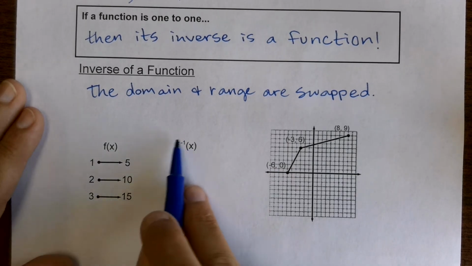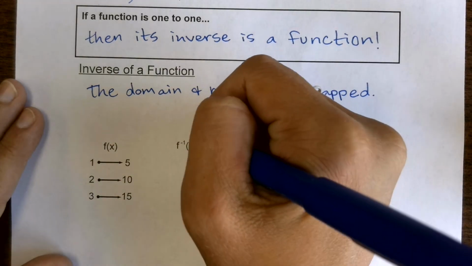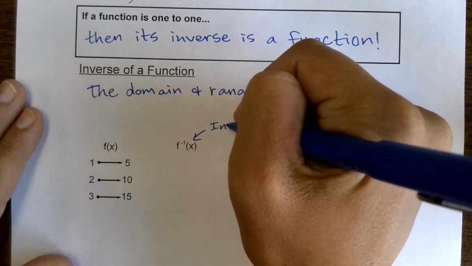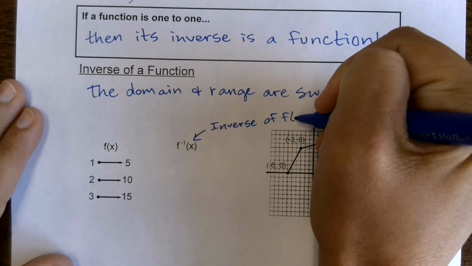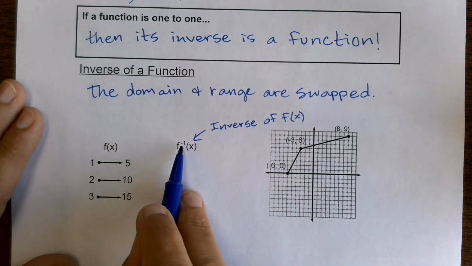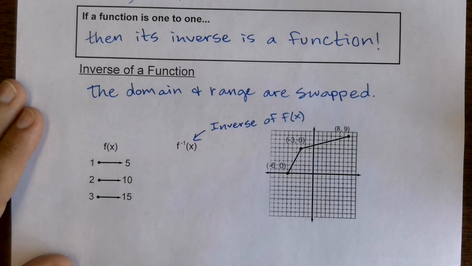By the way, this is our notation for the f inverse of x, or the f of x inverse. So this guy right here is the inverse of f of x when we have that little, kind of looks like it's to the -1 power, but it's our notation to say that we're talking about the inverse of f of x, or f inverse x is fine too.